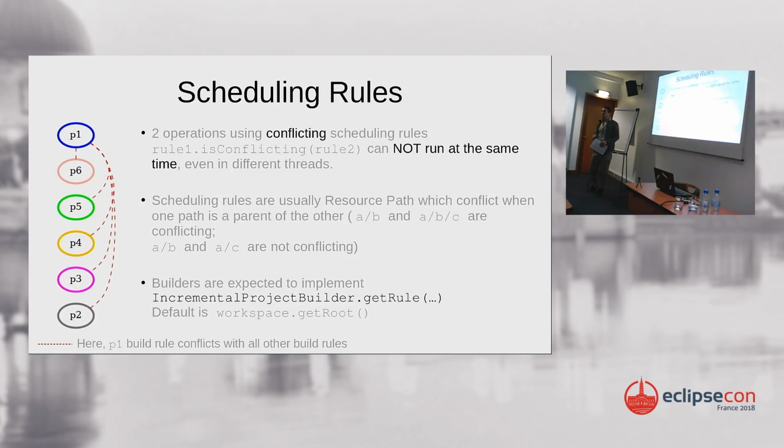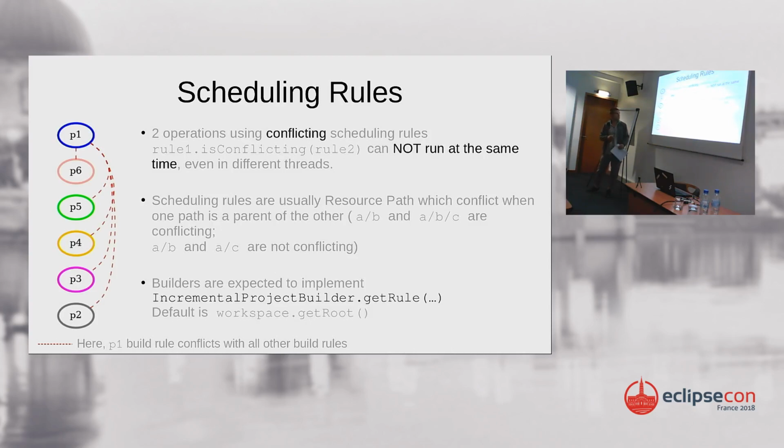Now, an interesting concept, a very powerful but difficult one in the Eclipse IDE, is the scheduling rules. We will talk about it a lot. The scheduling rules are the cornerstone of parallelism in Eclipse IDE, so I will just make some reminders here. 2 operations which have a scheduling rule are considered as conflicting if rule 1 is conflicting with rule 2 or the other way around.